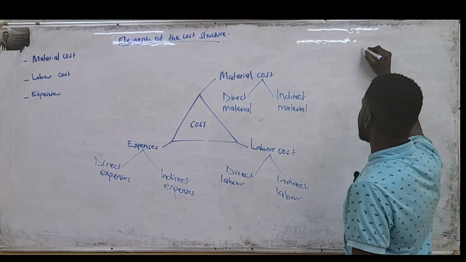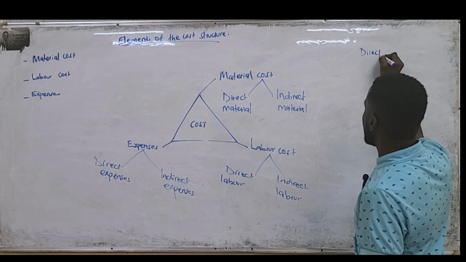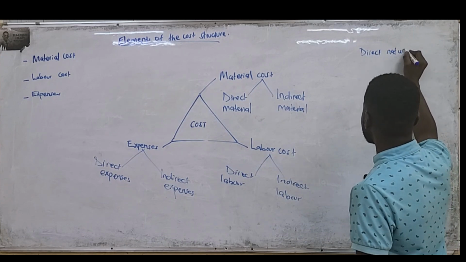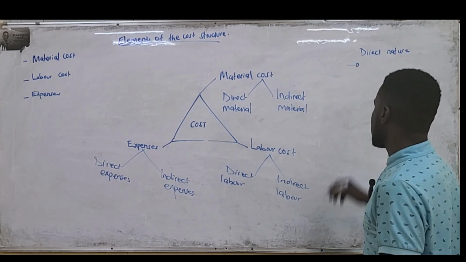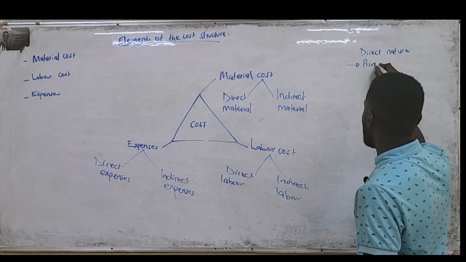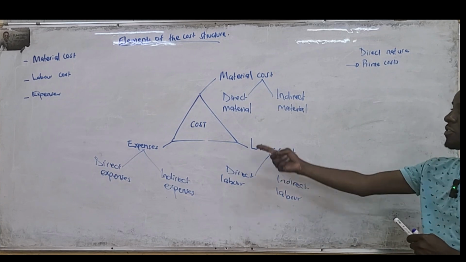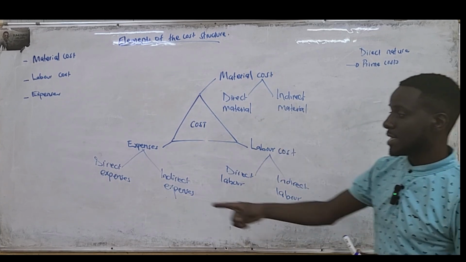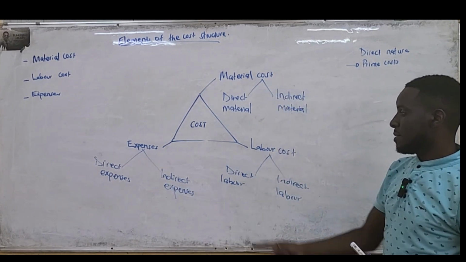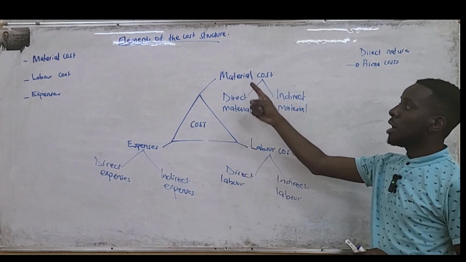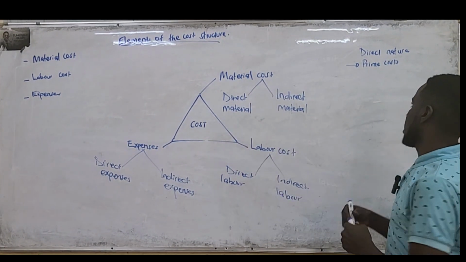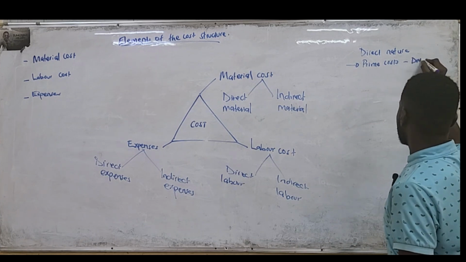Now, all elements that have a direct nature tantamount to what we call prime costs. So the moment you see anything of direct nature, that means when you get direct expenses plus our direct labor plus our direct materials, we shall get what we call prime costs.